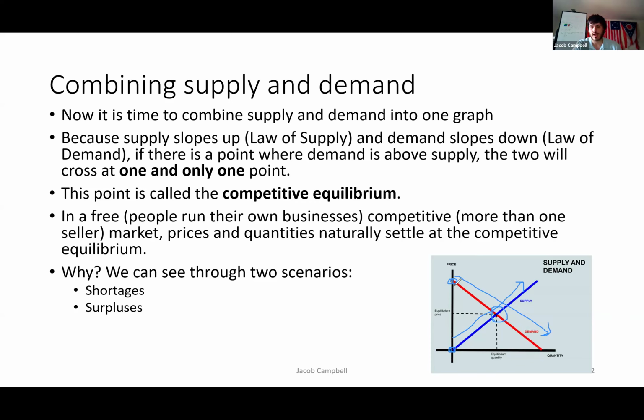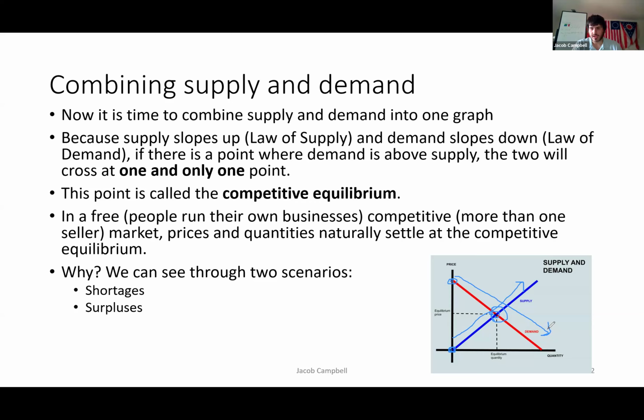You focus on that graph, you can see if demand is going down, supply is going up, and demand starts above supply, that is, there is some quantity at which the consumer values the product more than the producer, then they must cross. And we have a term for that point, and it's called the competitive equilibrium or competitive market equilibrium.